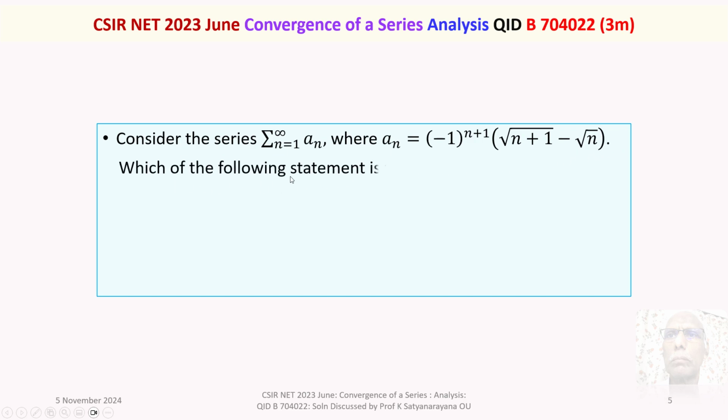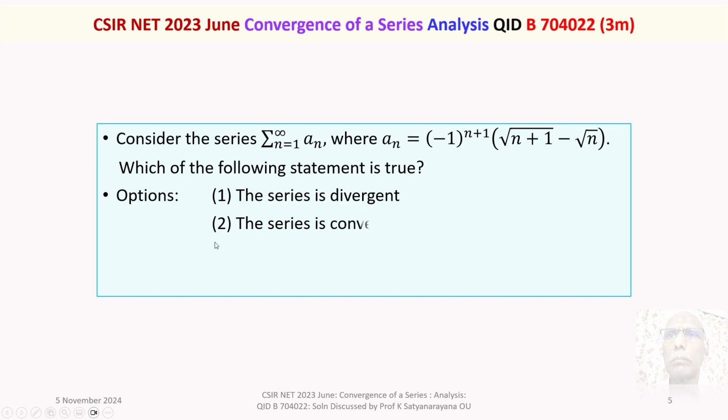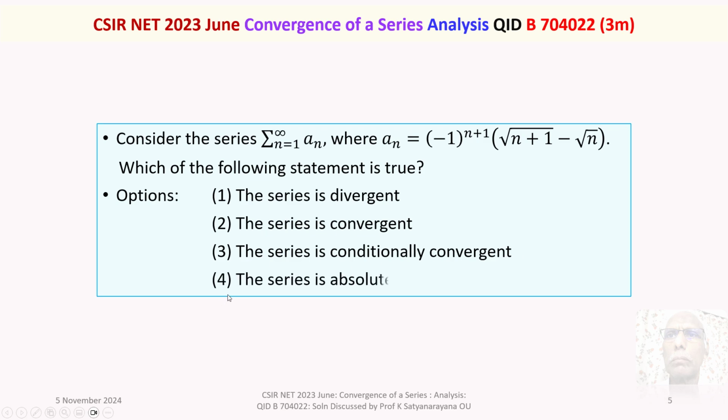Which of the following statements is true? We are given 4 options. Option 1, the series is divergent. Option 2, the series is convergent. Option 3, the series is conditionally convergent. Option 4, the series is absolutely convergent.